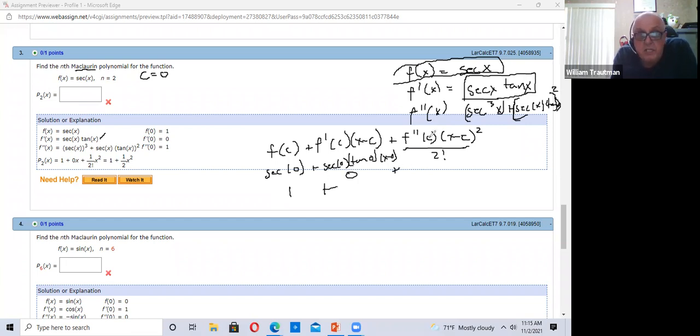And then finally, when we do the last one, when you plug 0 in there, it looks like you get 1, but you have a 2 factorial on the bottom, so you get 1/2 with the x squared.